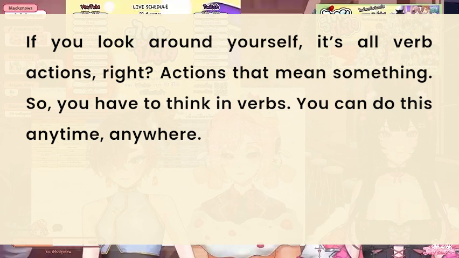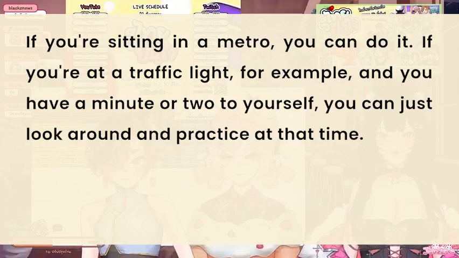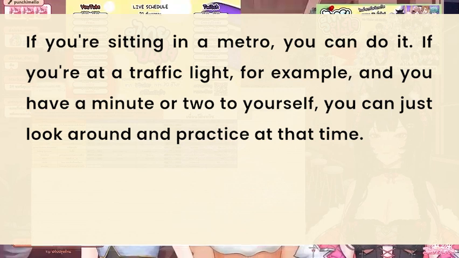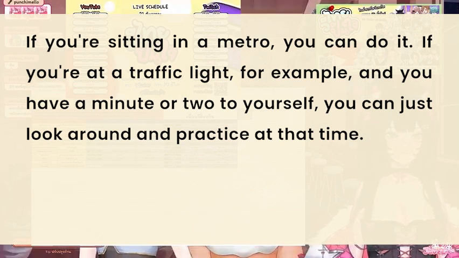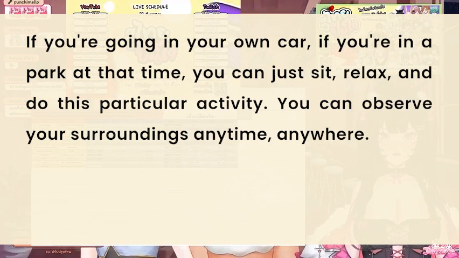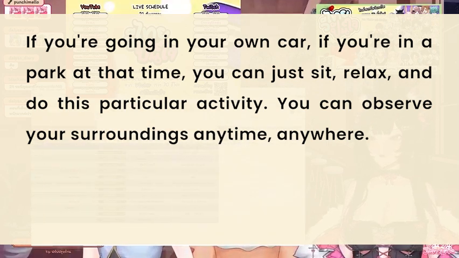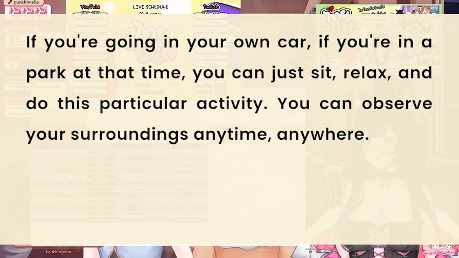You can do this anytime, anywhere. If you're sitting in a metro, you can do it. If you're at a traffic light, for example, and you have a minute or 2 to yourself, you can just look around and practice at that time. If you're going in your own car, if you're in a park at that time, you can just sit, relax, and do this particular activity.